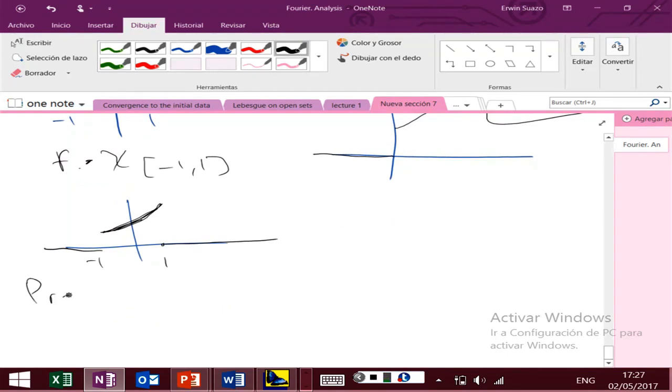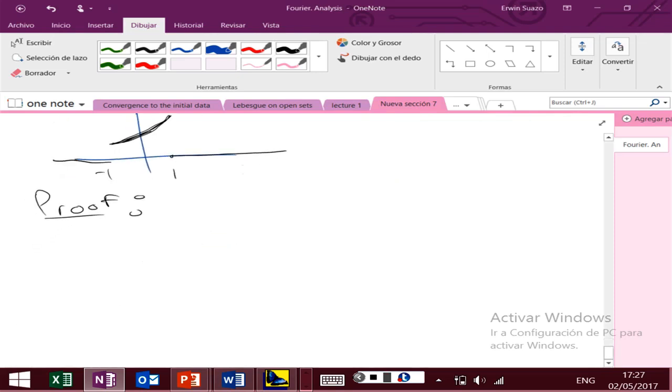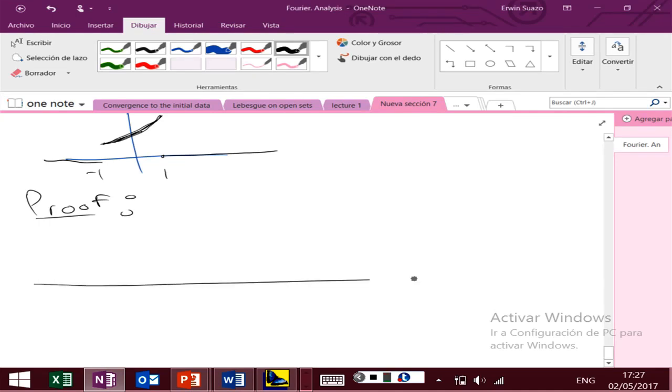So, proof. Suppose you have an integrable function. For being a Riemann integrable function, you need the function to be bounded and continuous, or continuous except for a finite number of points. A typical function integrable between a and b could be exactly the same one that I used for my theorem of Lebesgue integral.